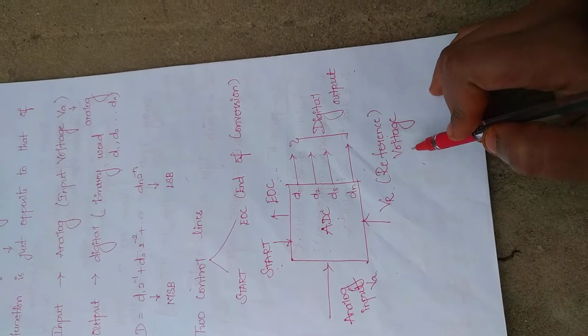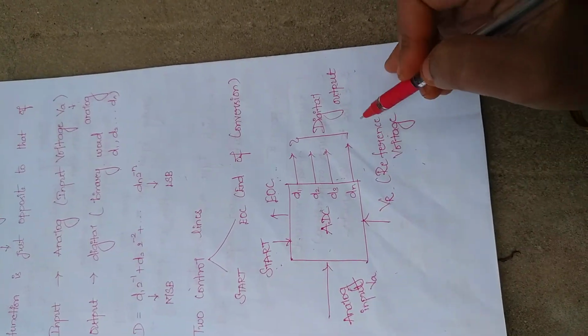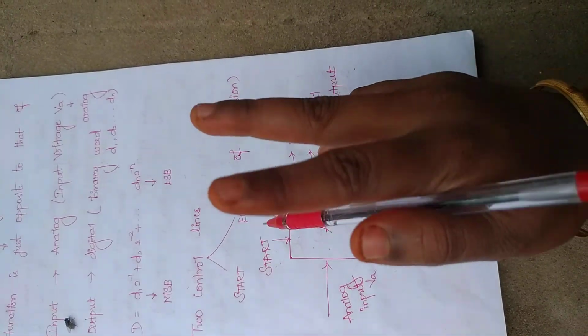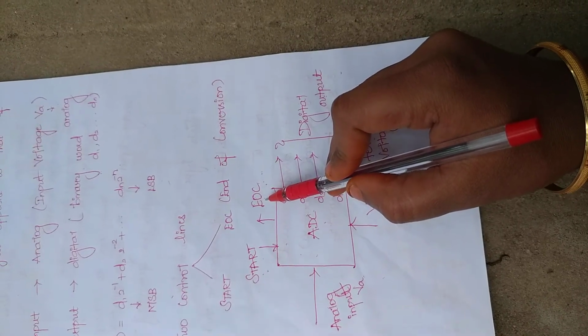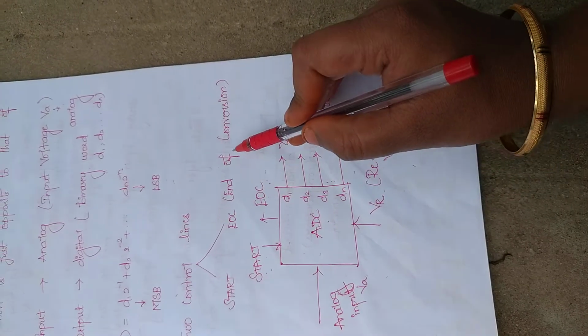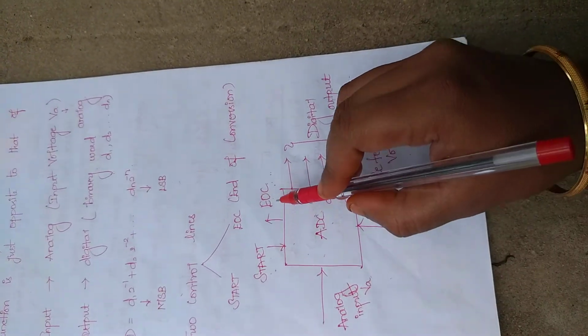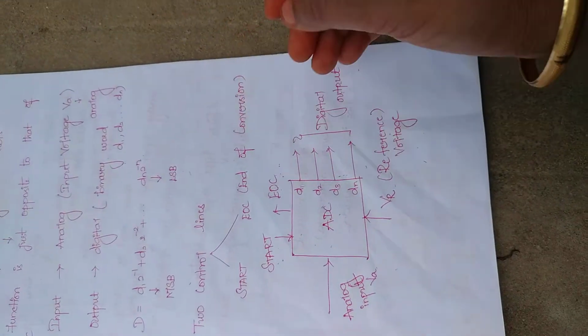For that we are giving the reference voltage. Along with the input, output and the reference voltage, additionally you have two control lines, that is start and EOC. What is EOC? It is nothing but end of conversion. Once the process is over, we have to give the command as EOC, else the process will continue.